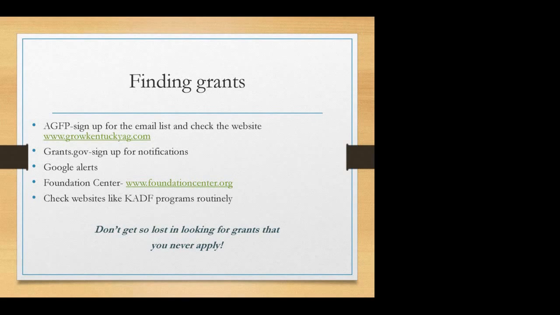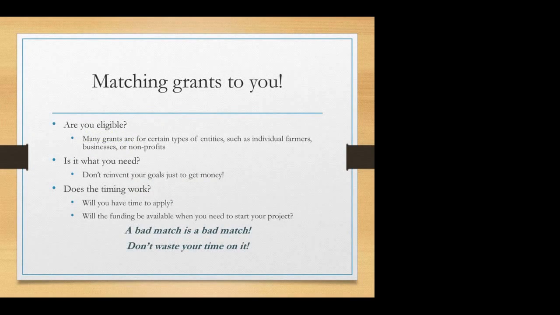So you can go to agpolicy.ky.gov, and you can also type in Kentucky Governor's Office of Agricultural Policy or the Kentucky Department of Agriculture. Those are actually two separate entities, but both have funding. So those are places to look.